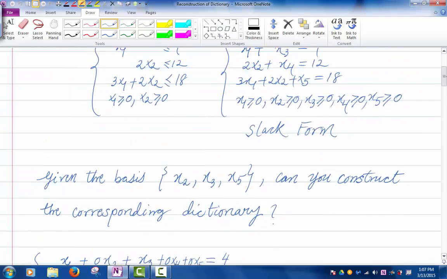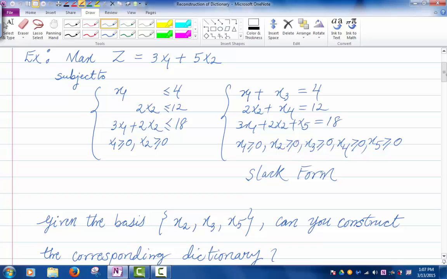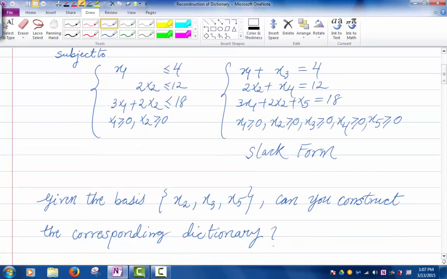First of all, I'm looking at the slack form and rewriting it. Basically, I'm going to think of each equation as an equation in 5 variables. So I'm going to put 0 coefficients for the variables that don't appear in one of the equations.